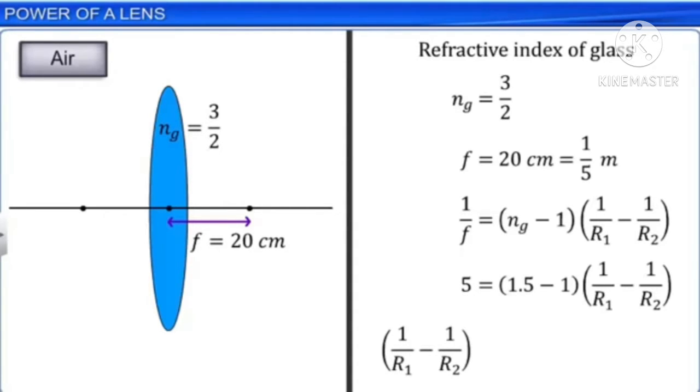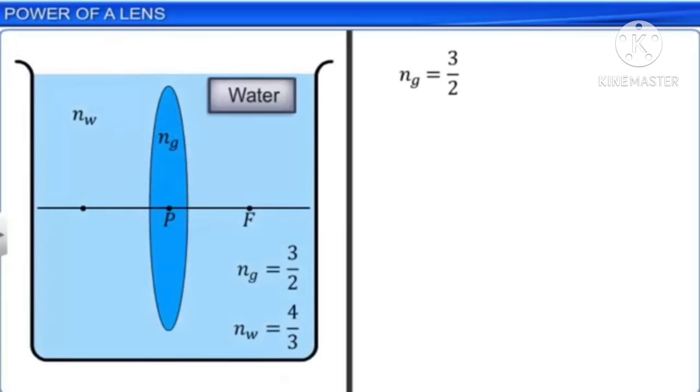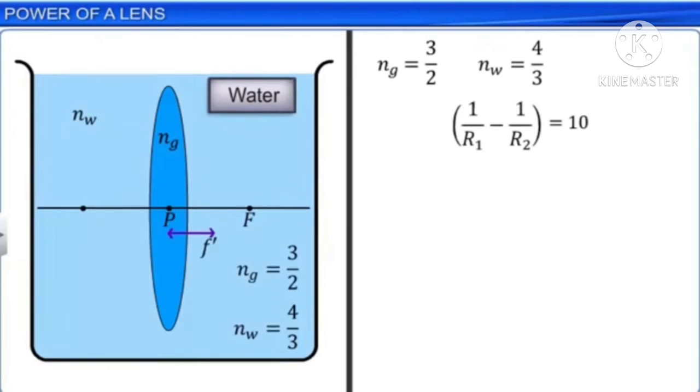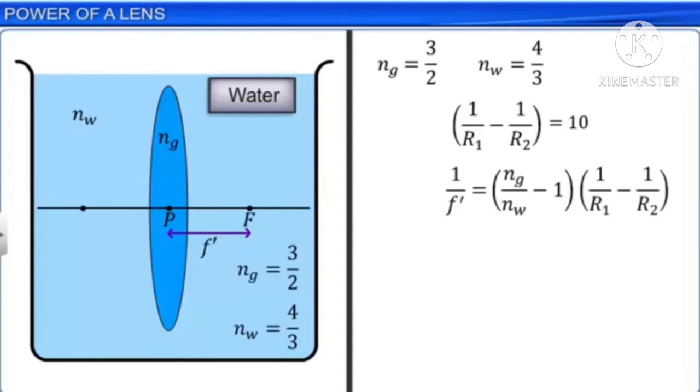On substituting the above values and on further simplification, we get 1 by f dash is equal to 1.25 per meter. That means the power of the lens in water is equal to 1.25 diopter. Therefore, the optical power of the given lens in air is 5 diopter, and when placed in water, it is changed to 1.25 diopter.